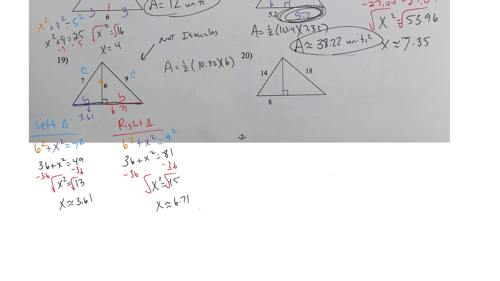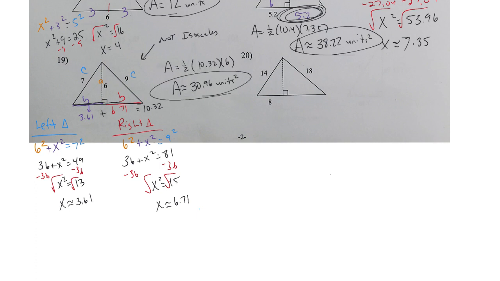So I do 1/2 times 10.32 times 6. I end up with about 30.96. So my area is about 30.96 square units.